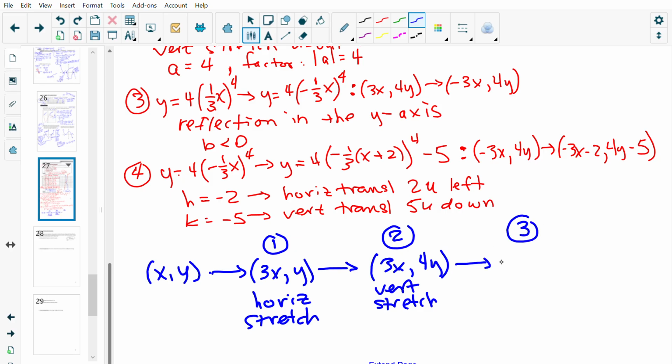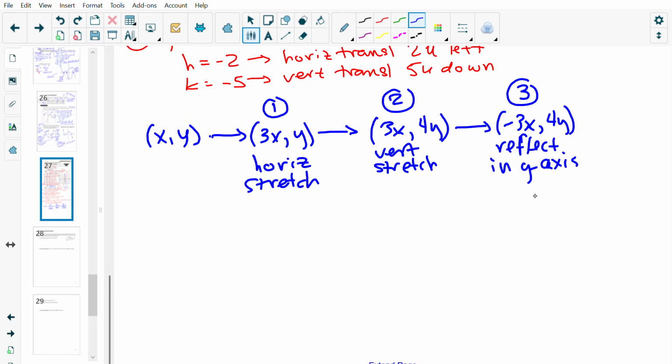Number 3, that's our reflection. So reflect in the x-axis, or sorry, in the y-axis. Okay, and then the last one, 4.